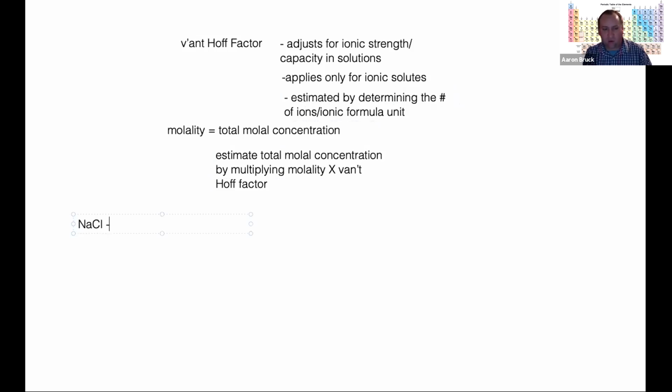When sodium chloride dissolves in water, it becomes sodium plus and chloride minus. Which, if we do the math, means that we're going to get 2 ions per formula unit, 1 sodium ion and 1 chloride ion.